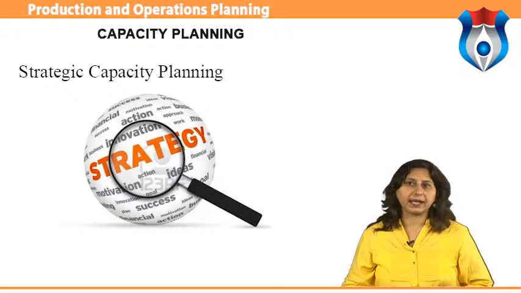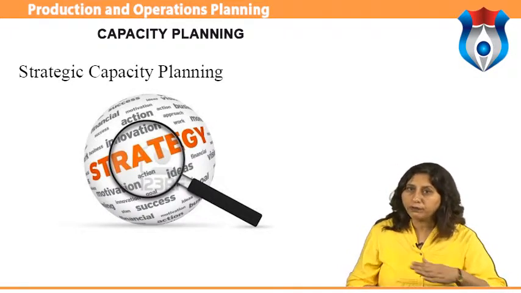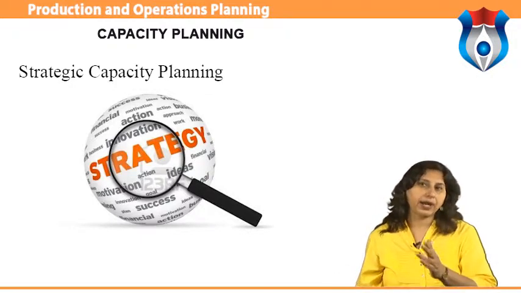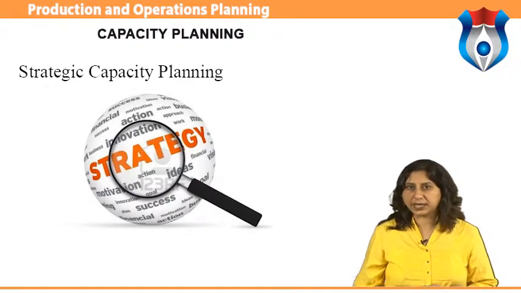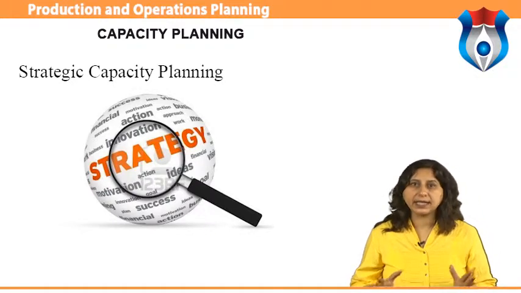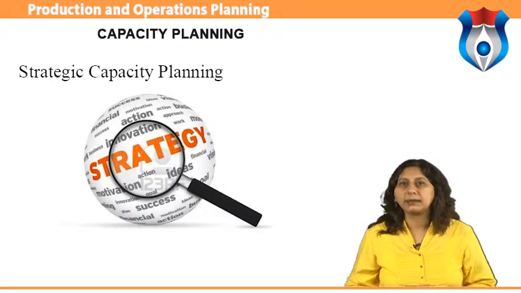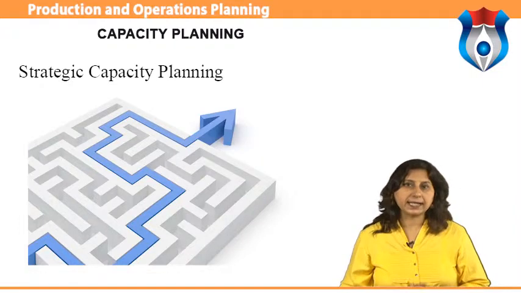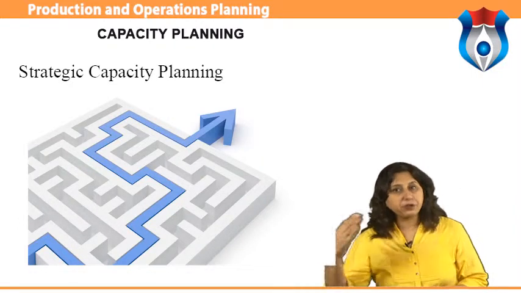Strategic capacity planning is a technique used to identify and measure the overall capacity of production. Strategic capacity planning is utilized for capital-intensive resources like plant, machinery, labor, etc. Strategic capacity planning is essential as it helps the organization in meeting its future requirements.